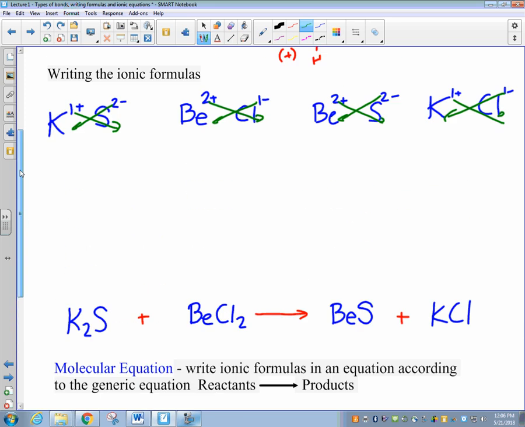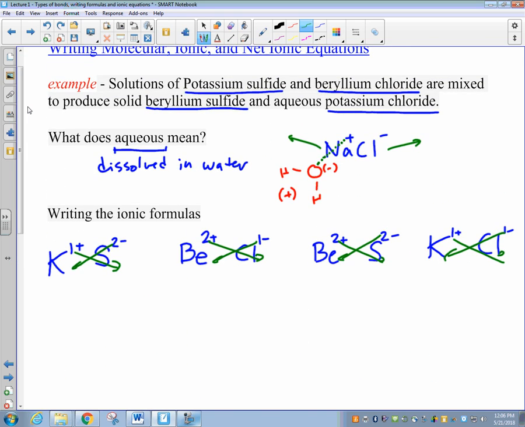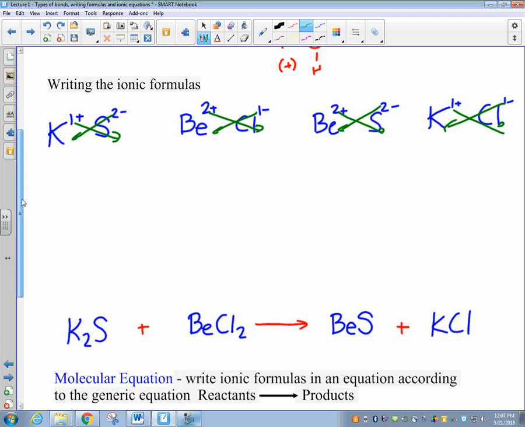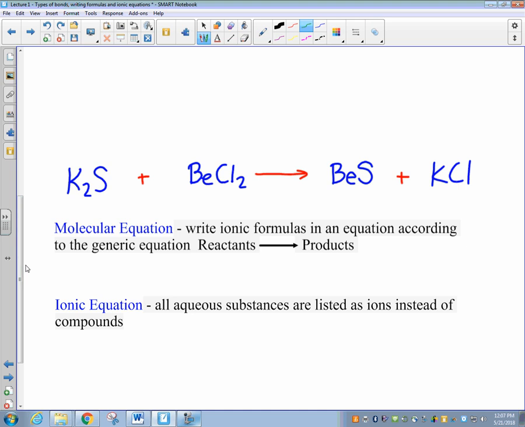So looking back up at the top, we were told that the potassium sulfide and beryllium chloride were solutions, that is, dissolved within water, implying that the states of matter of both were aqueous. So we're going to designate that with a little parentheses aq, showing that these things are dissolved within the solution.